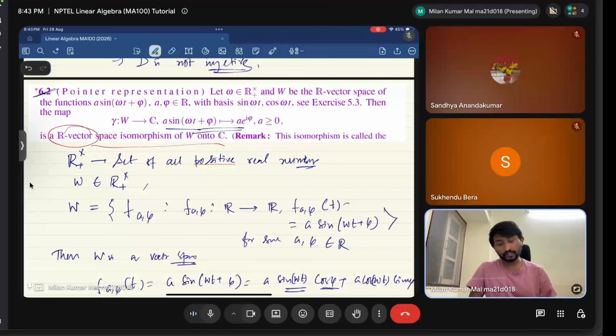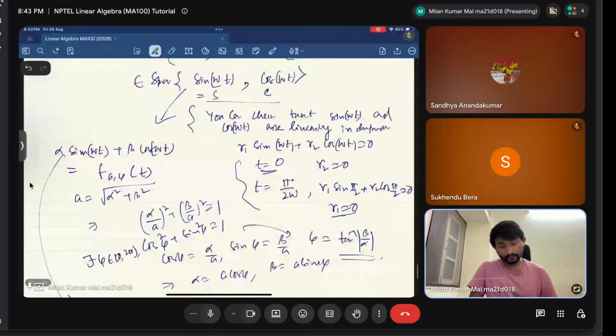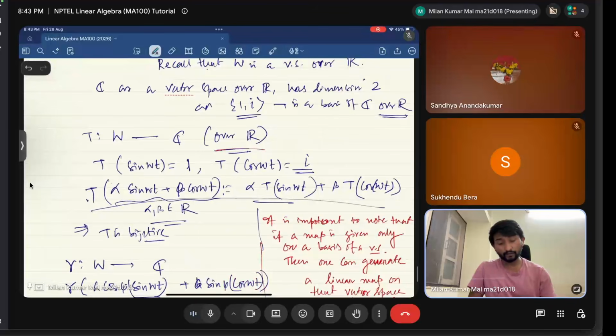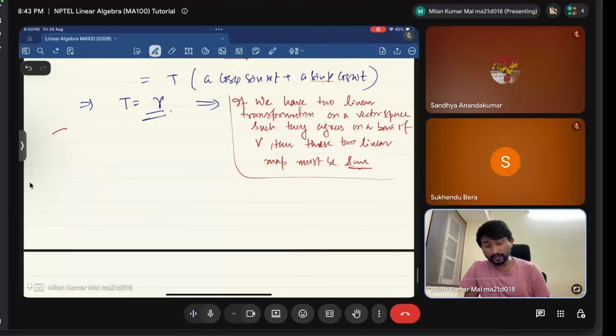That's very important, that's what I'm trying to mention here: whenever I'm considering this, I mentioned somewhere that it is over R. So thus gamma is an R-vector space isomorphism.